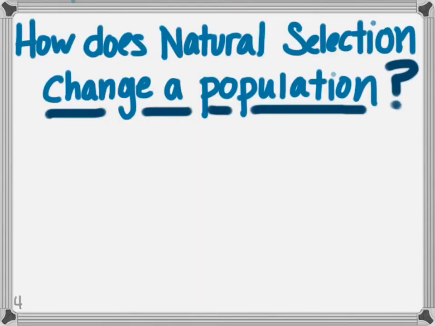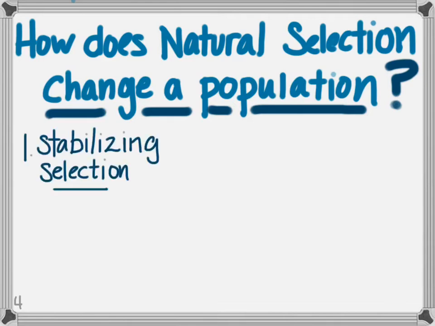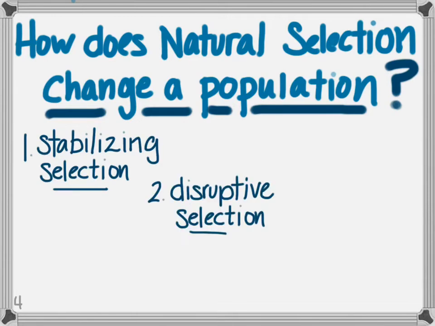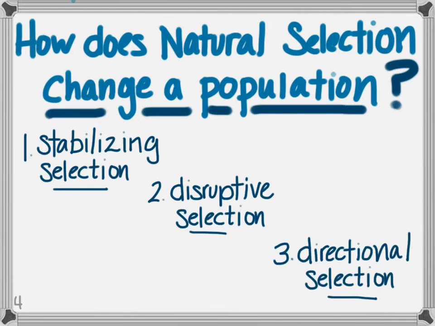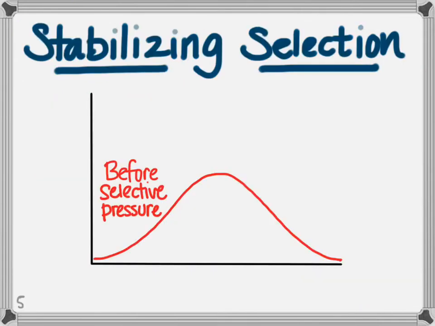As for how natural selection changes a population, there are 3 major ways natural selection can change a population: stabilizing selection, disruptive selection, and directional selection. In stabilizing selection, the average version of the trait, the median, presents some survival advantage and is selected for, while the most extreme versions of the trait have some disadvantage and are selected against.